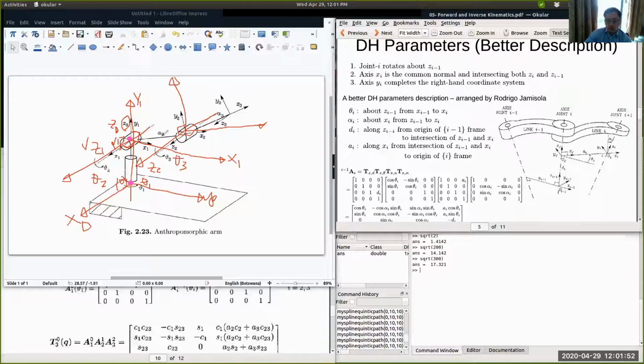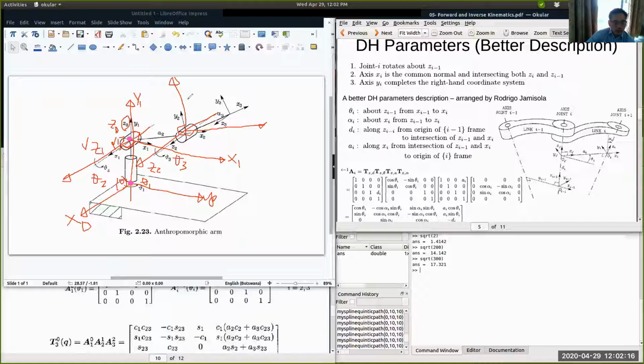Yes, it is normal to Z1. So now the question is, in this case, these two axes are normal and intersecting to Z2, but are they normal and intersecting to Z1? No. So which one can be normal and intersecting to Z1?